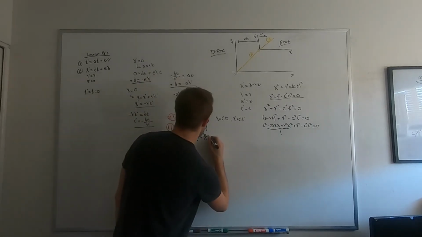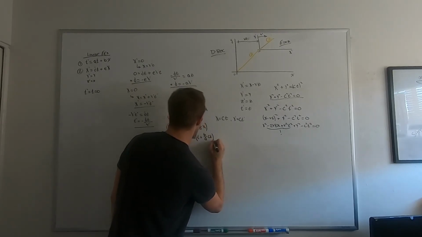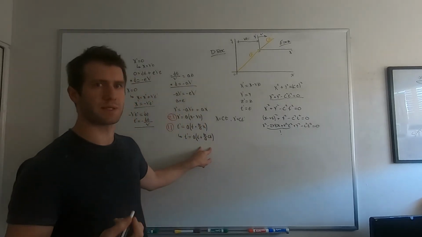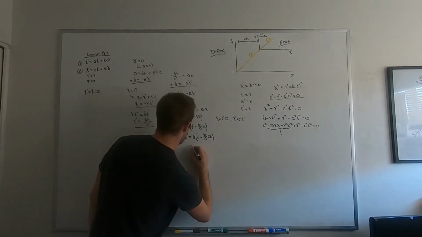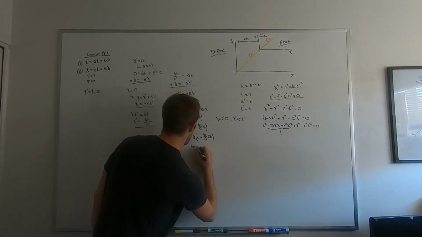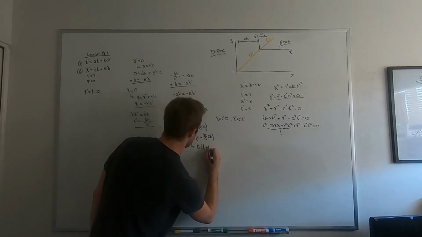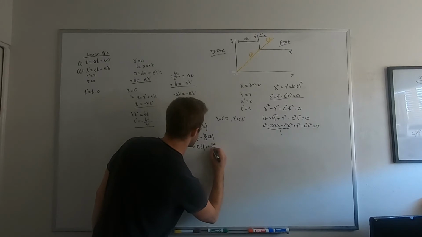So we're going to have ct, and now let's factor out one of these t's. So that now becomes a times t with a 1 plus bc over a.